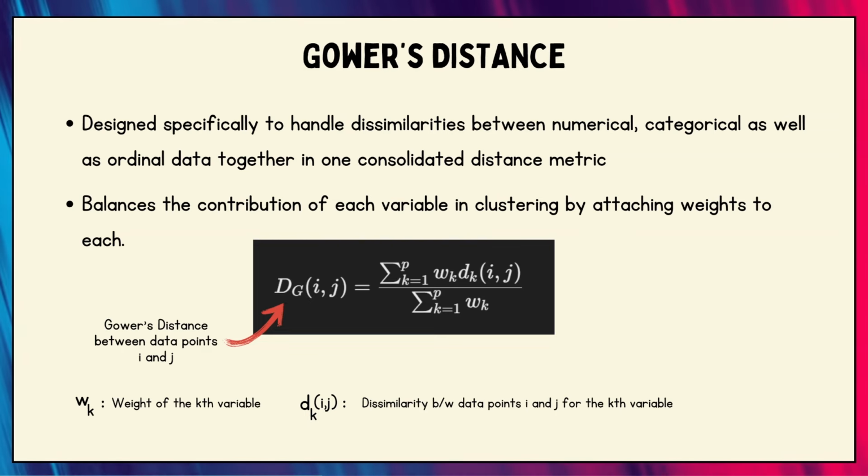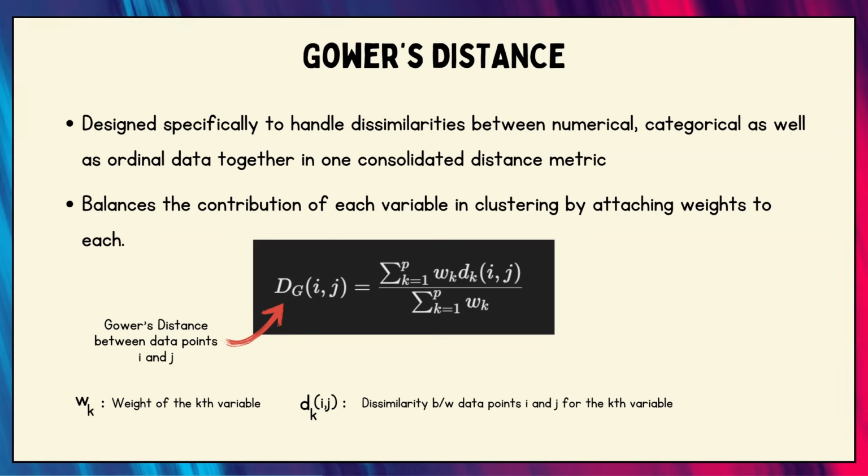Okay, coming back to this. So dissimilarity is more of a generic term that we can use to quantify the distance between the data points, okay? So small d_kij is the dissimilarity between points i and j in the column k.